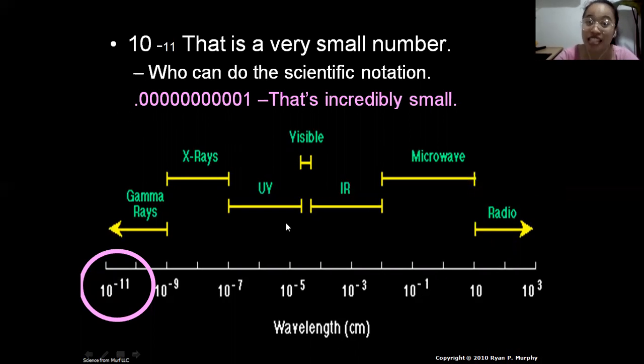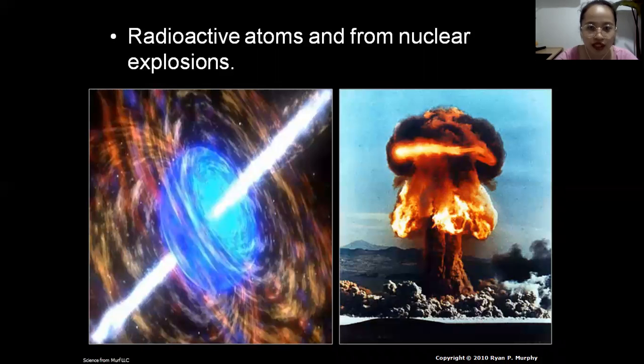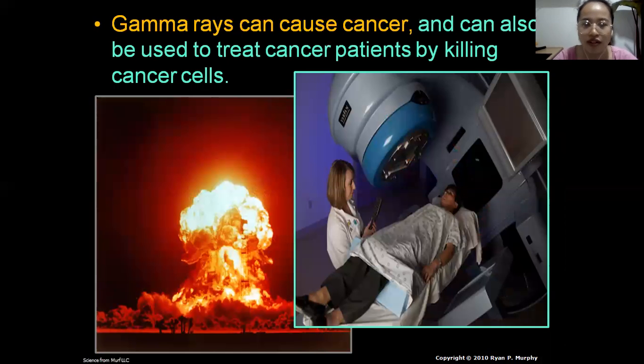That's incredibly small. So radioactive atoms and nuclear explosions, that is your gamma rays. Gamma rays can cause cancer and can also be used to treat cancer patients by killing cancer cells. So most of these waves are very useful if you use them in a proper way.